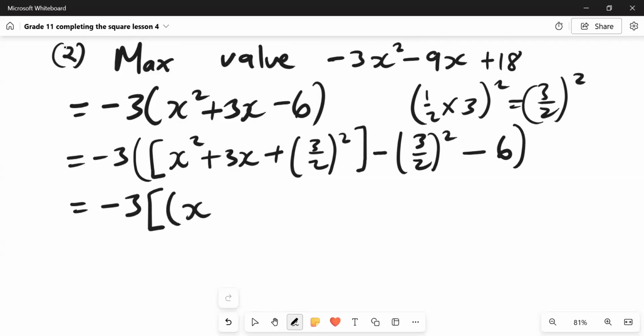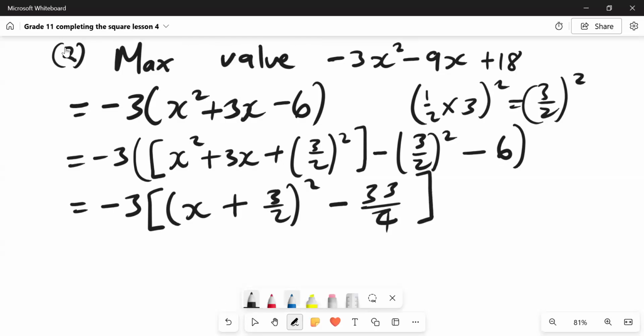Square root, that's x, of x squared, right? And then the square root of this value here, we'll get our plus 3 over 2, all squared. And then minus, we add these two together and you'll have your minus 33 over 4.